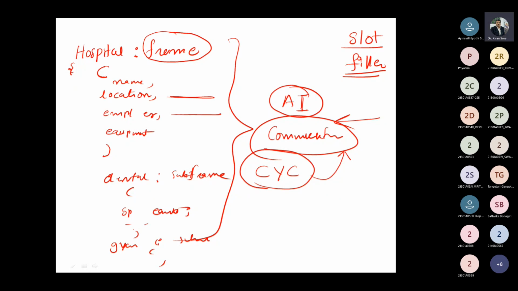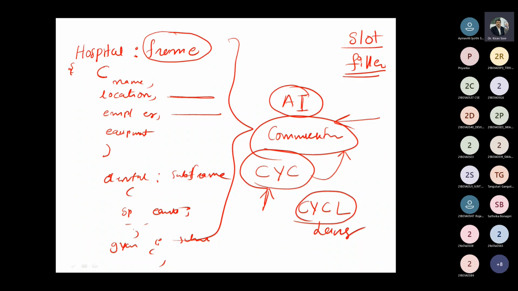When you have a robot or an expert system in these domains, what type of common sense is required? CYC is a common sense mechanism in terms of a database, and if you wish to include statements in that CYC, you have to use CYCL. CYCL is a language, and CYC is a database management system.